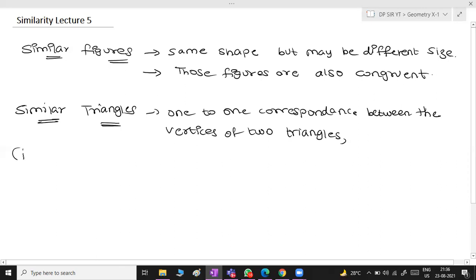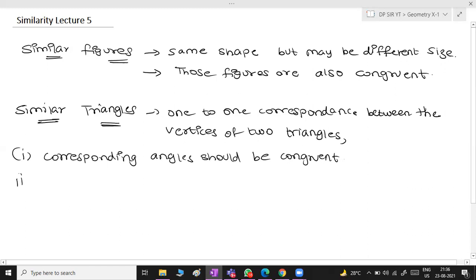Their corresponding angles should be congruent. If I write this way, it would be correct. Don't worry, I'll be drawing the figures so you will understand in a better way. Their corresponding angles should be congruent. Then I would say the corresponding sides are in the same proportion.